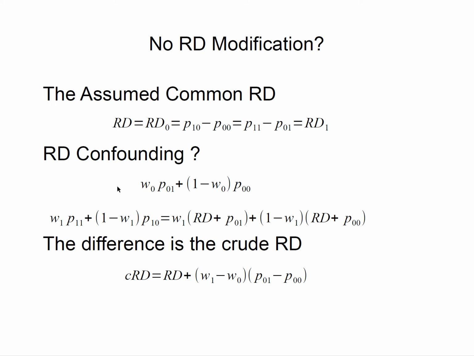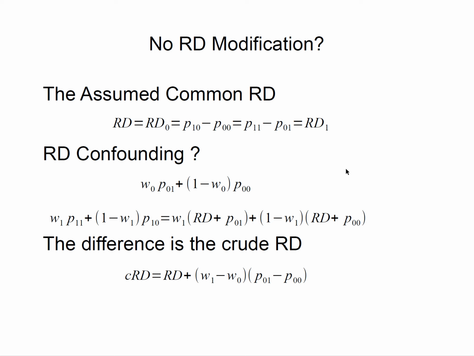And it turns out that if we take the weights or the fractions here, W0 is the proportion of this population among the unexposed that are in strata 1. Then that particular element in the collapsed or crude 2x2 table would look like this.